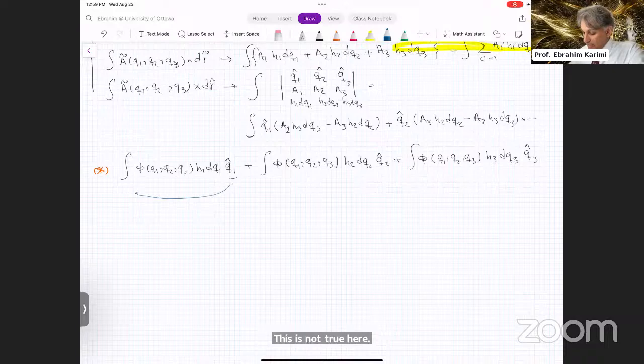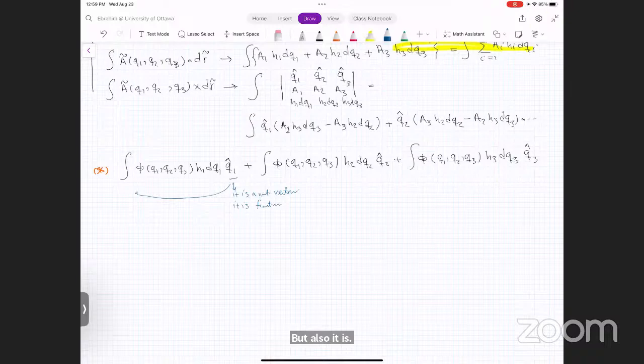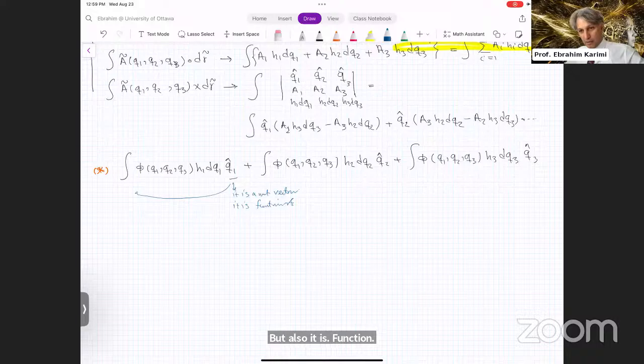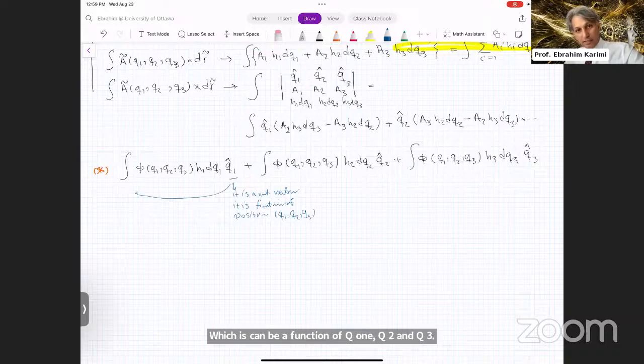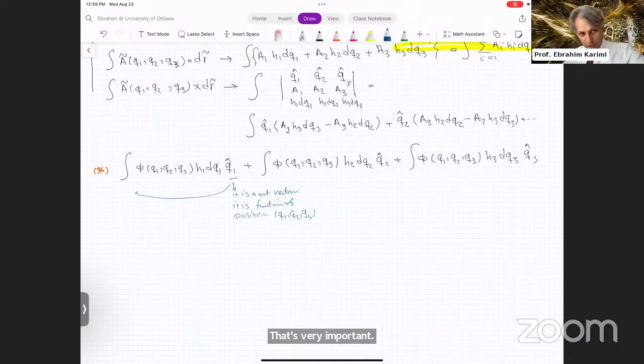Q1 hat is a unit vector, but it is also a function of position, which can be a function of Q1, Q2, and Q3. That's very important. So you cannot take it out in general out of the integral. You have to keep it inside of the integral.